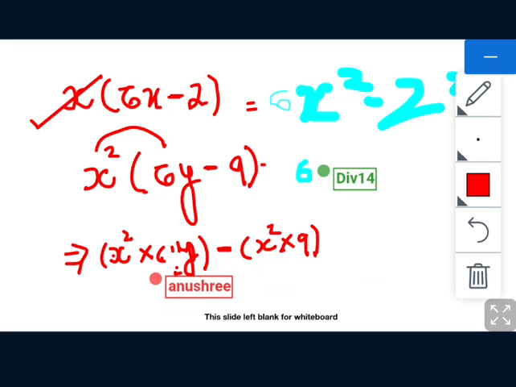So what is x squared multiplied by 6y? Think. How much? 6xy squared. 6x squared y.